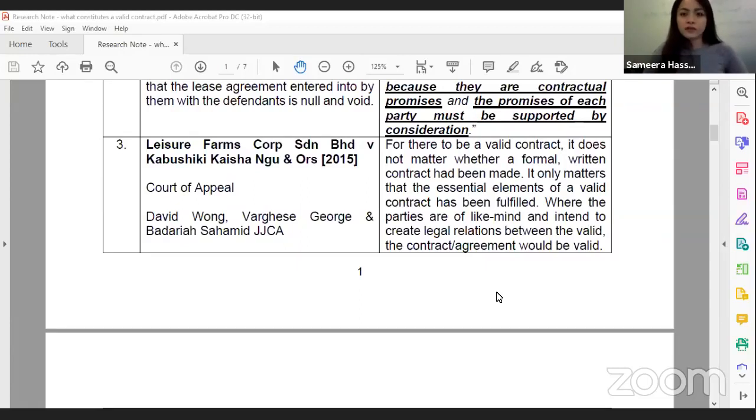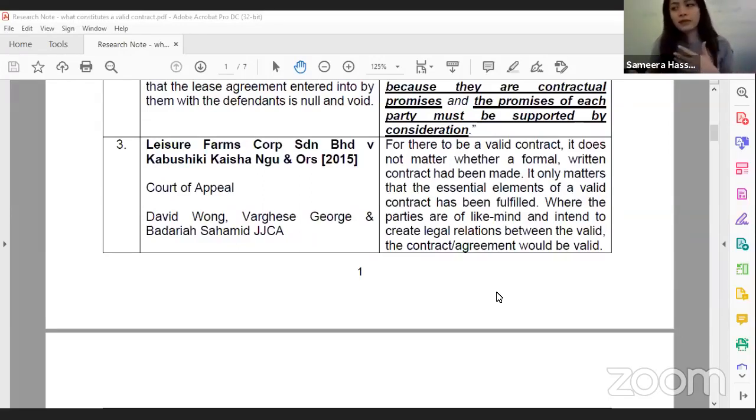Before this, of course, the problem would arise when it comes to oral agreements. Let's take ancestors, for example, where a grandmother promised her first grandchild, okay, you know what, when I pass away, I'm going to give this house to you. So that's an oral agreement between these two people, right?